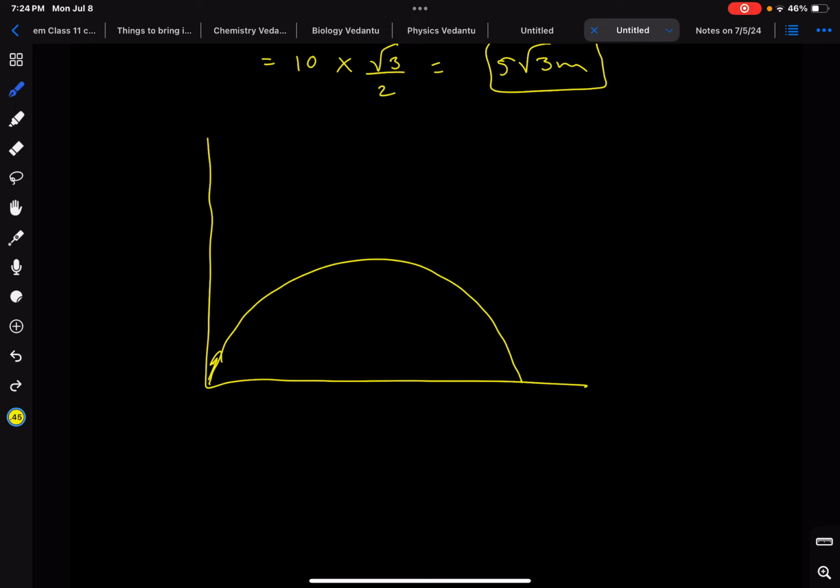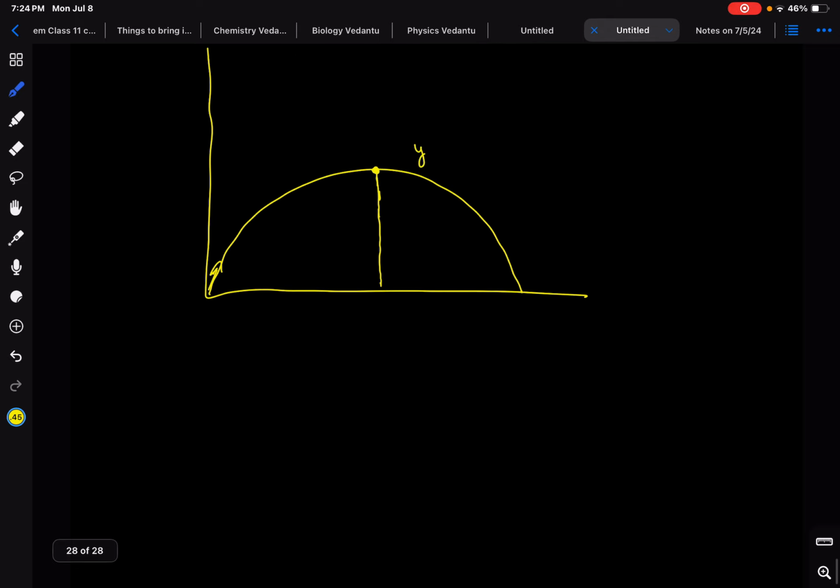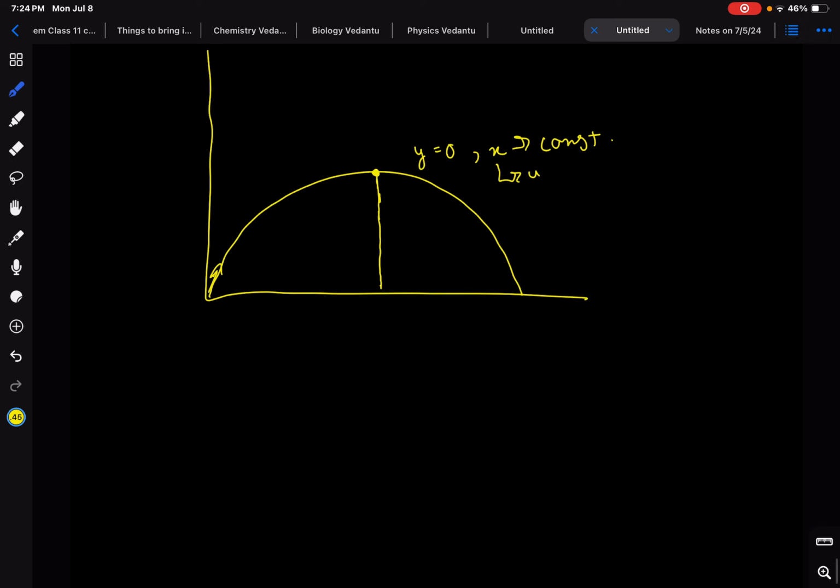So at the maximum height, when the speed in the y direction is equal to 0, the speed in the x direction will always be constant. That means the speed in the x direction is just u cos theta. So the speed of the ball at the highest point is equal to u cos theta.